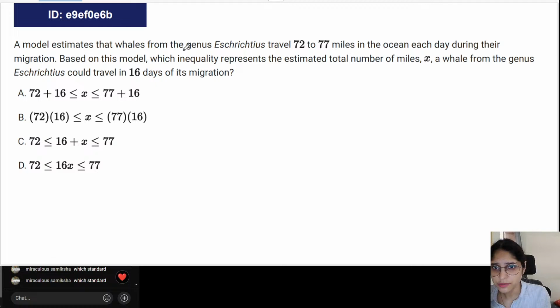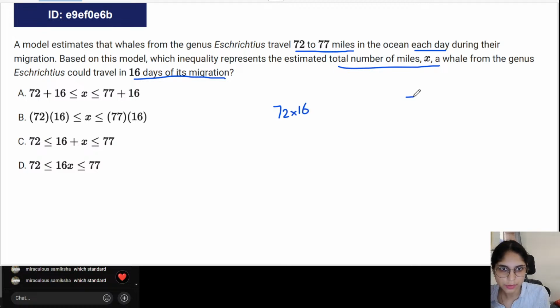So a model estimates that whales from the genus Ascritis travel 72 to 77 miles in the ocean each day during their migration. Based on this model, which inequality represents the estimated total number of miles x a whale from genus Ascritis could travel in 16 days of its migration. Okay, so each day you're going 72 to 77.